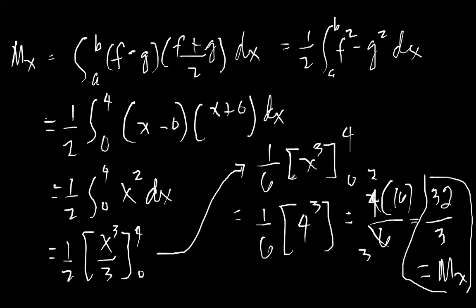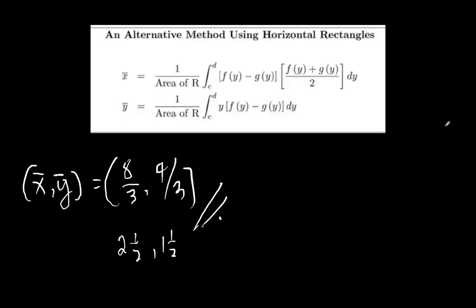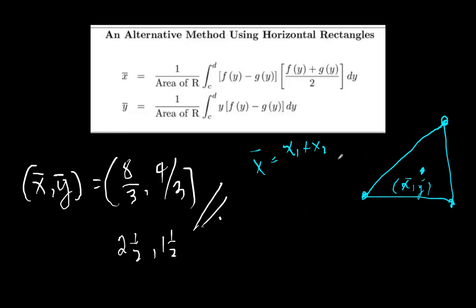So for the 3 points in a given triangle, the centroid can be found here. How do we do that? Let's say this is our x bar, y bar. X bar is equal to the sum of the abscissas of the 3 points, x sub 1, x sub 2, x sub 3, over 3.